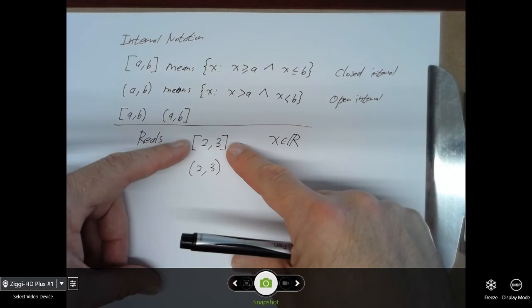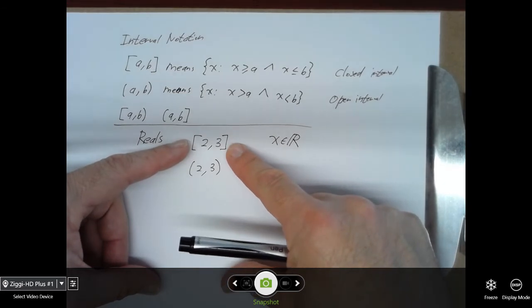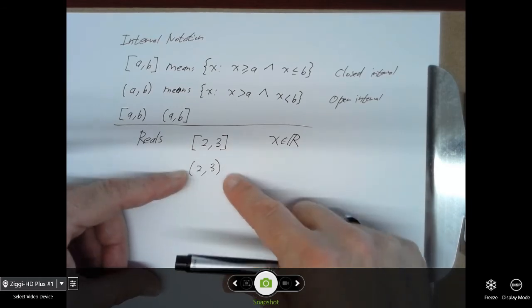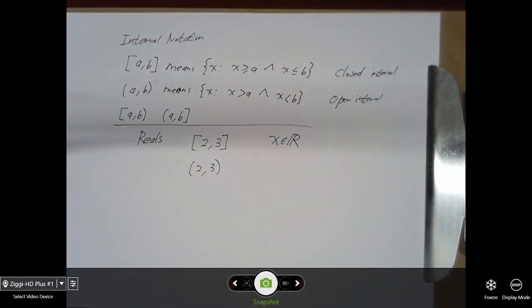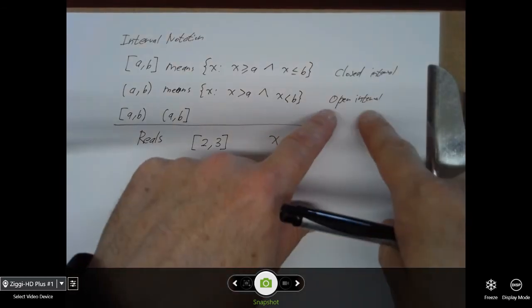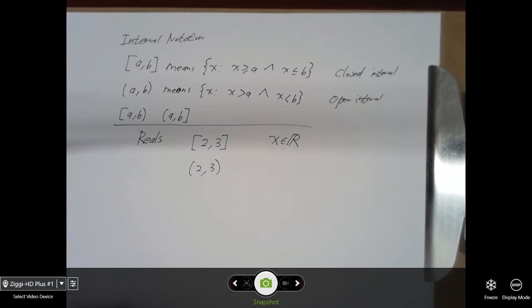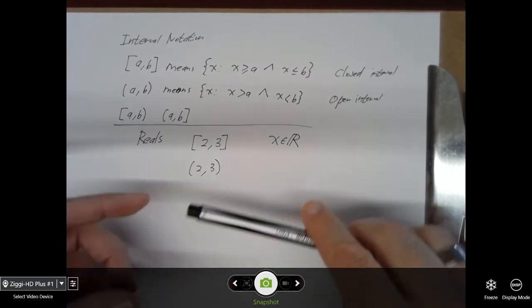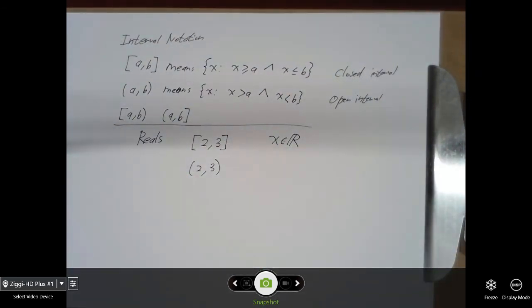Whereas this closed interval does have a smallest and a largest, 2 and 3. So they behave fundamentally differently, and in fact, there's a whole branch of mathematics called topology that's built around this idea of open versus closed intervals. And starting with this idea of open and closed intervals, you can develop calculus.